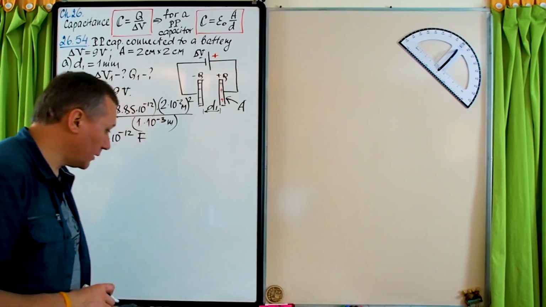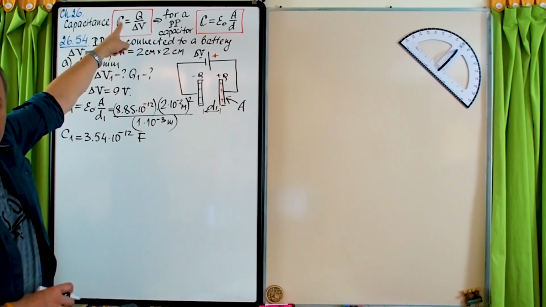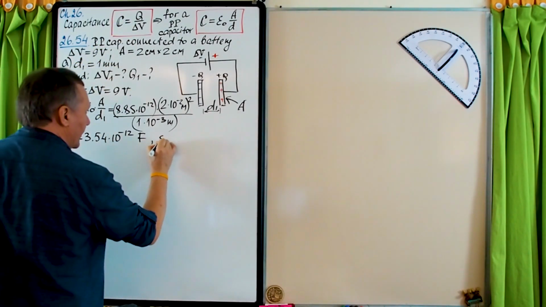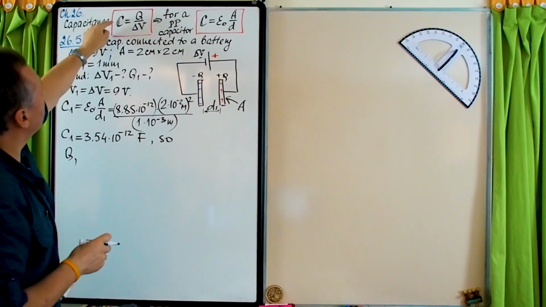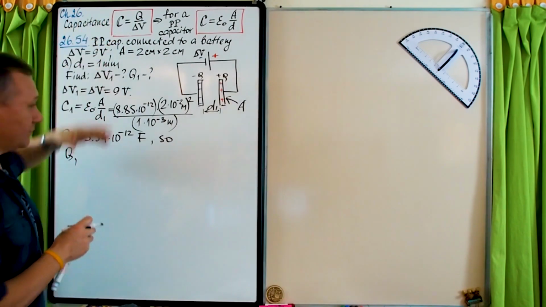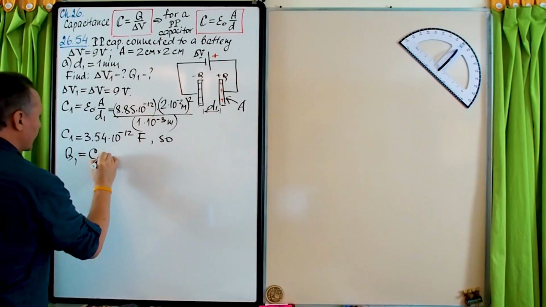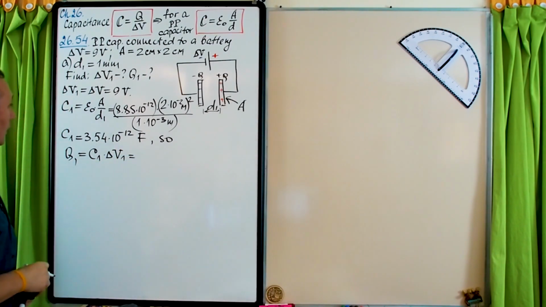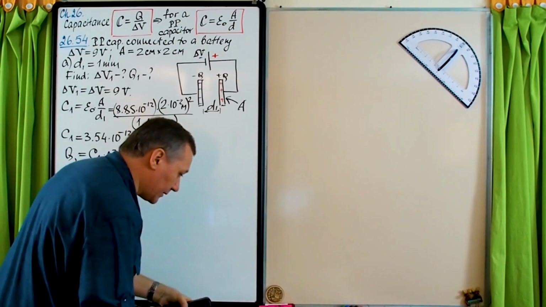Now we can find the charge using the definition of capacitance. So finally, Q1 equals C times delta V, in this case C1 times delta V1. I will write the answer immediately.